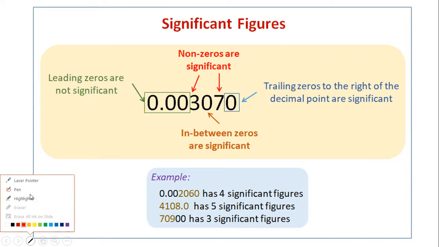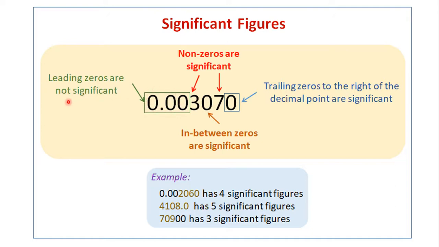So this is a nice chart that provides a good summary of what we mean by significant figures, and I encourage you to copy this down. If the zeros are at the beginning, we call them leading zeros, and these zeros are not significant.